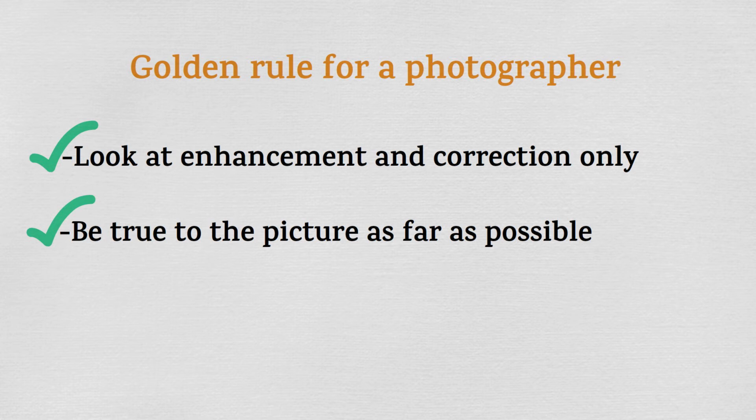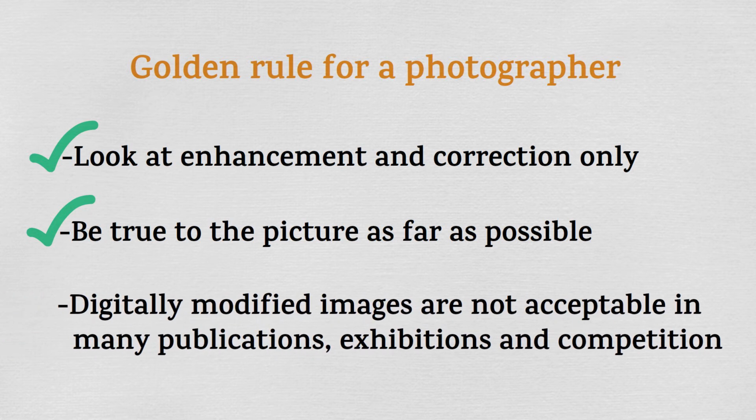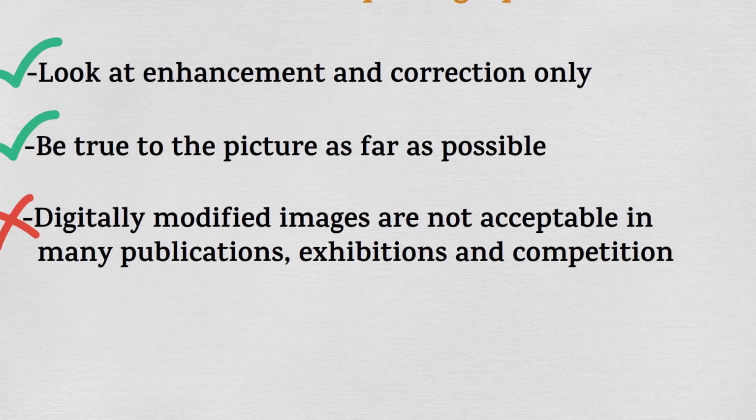Your eyes have seen the true picture, so you have to be true to the image which you saw in terms of enhancing colors, opening up the shadows, correcting the white balance, etc. Small blemishes can be removed which are because of the camera capabilities, but please don't digitally modify the image by bringing in elements or changing the background, etc. These are not acceptable in many publications, exhibitions and competitions also.